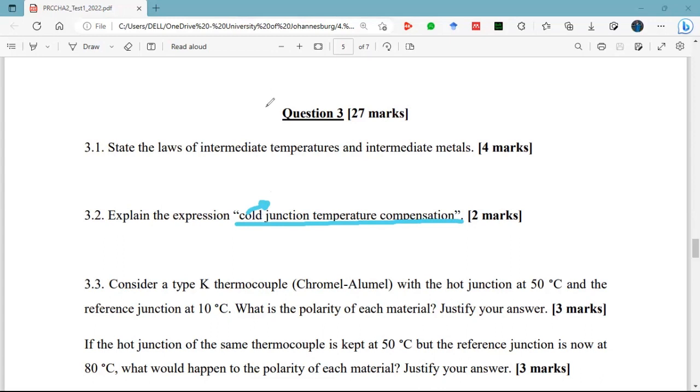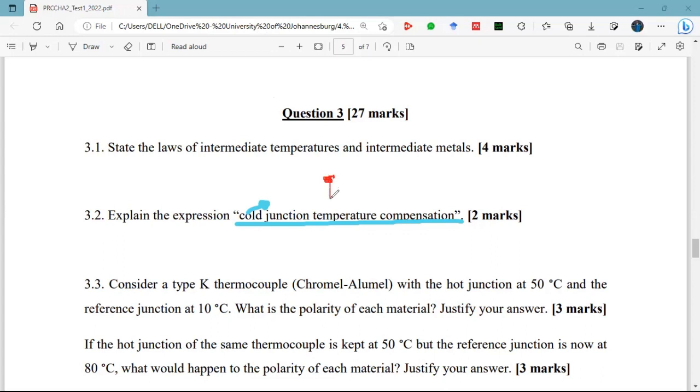This is the method where you make a temperature adjustment to account for the temperature difference between 2 points in your thermocouple circuit. I know when I just put it like that, it sounds so long, like it's far-fetched, not understandable.